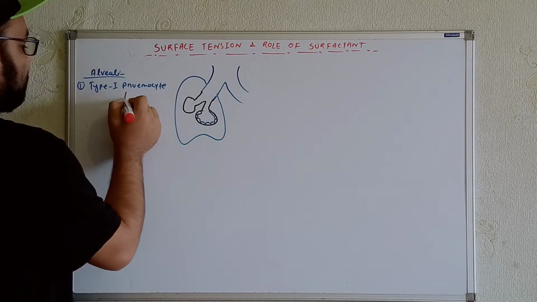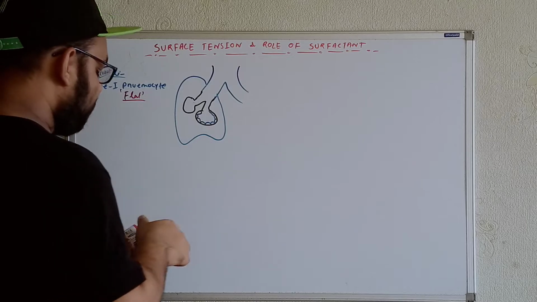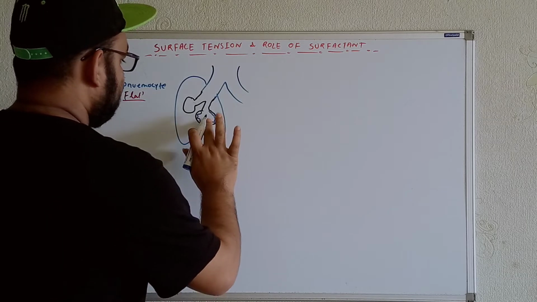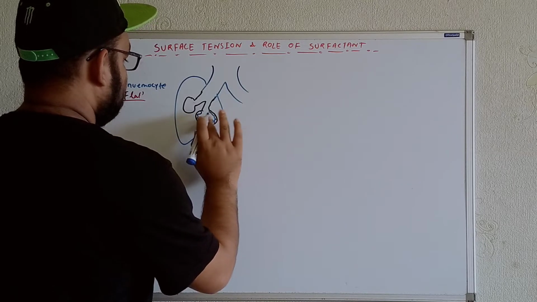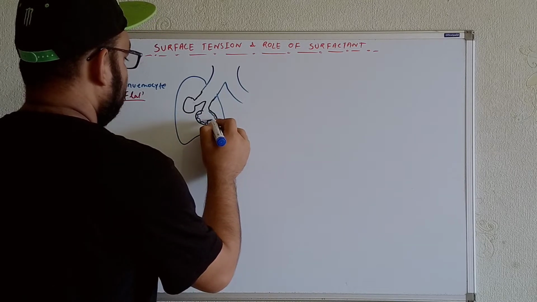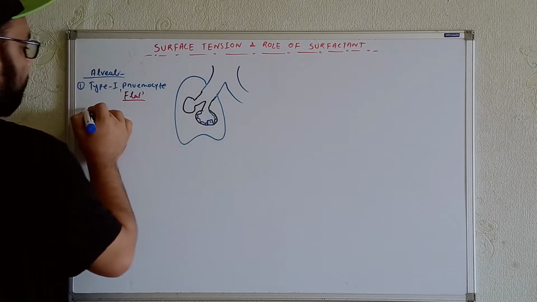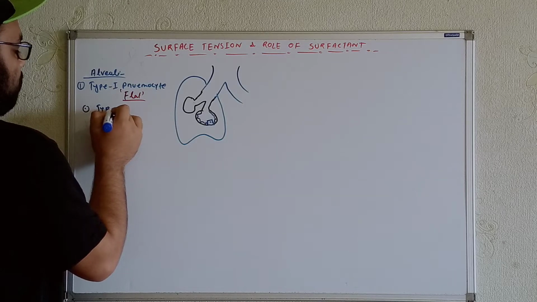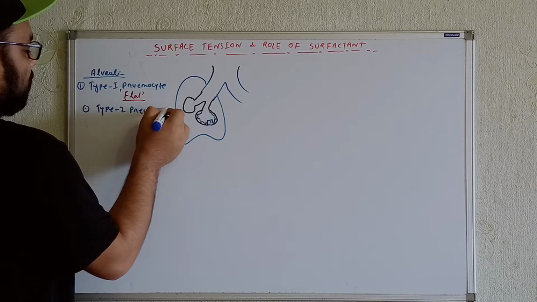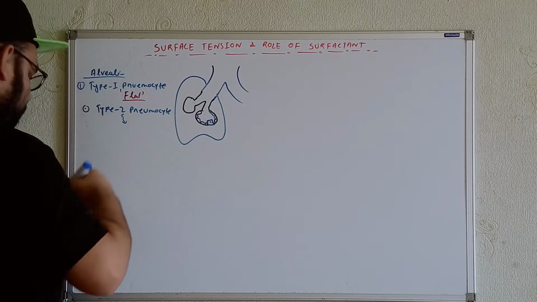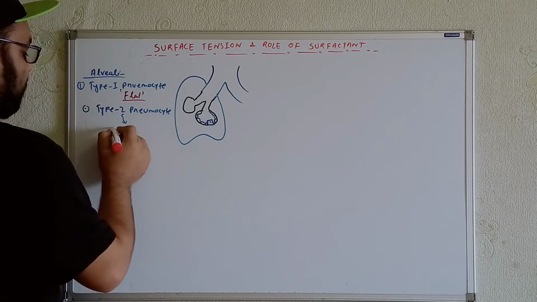These are the type 2 pneumocytes. And this type 2 pneumocyte is responsible for the secretion of the surfactant.